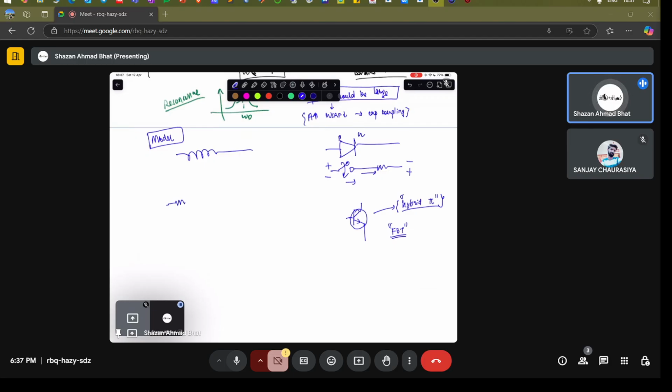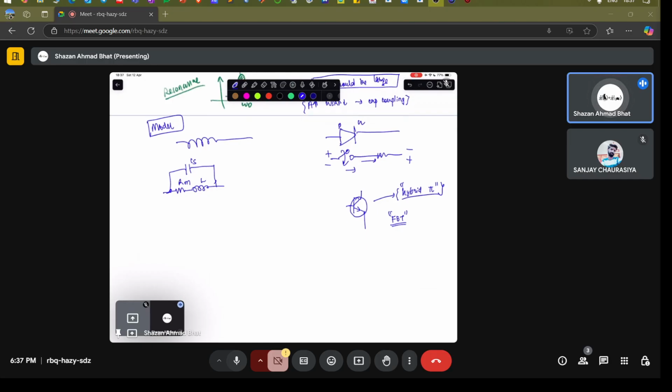You model it, let's say, with a resistance, an inductor, and then a capacitor, which is the substrate capacitance. This is the metallic resistance, which is because of the metal. And this is the original inductance. All the other components apart from the inductance are parasitics, which come into the picture because of this configuration. Then you have another capacitance, the oxide capacitance, the substrate resistance, the substrate capacitance, and so on and so forth.